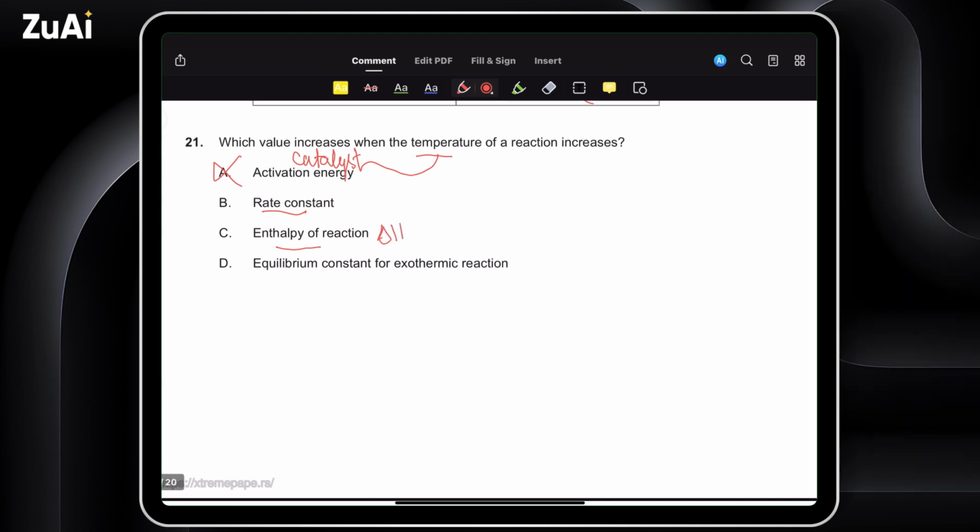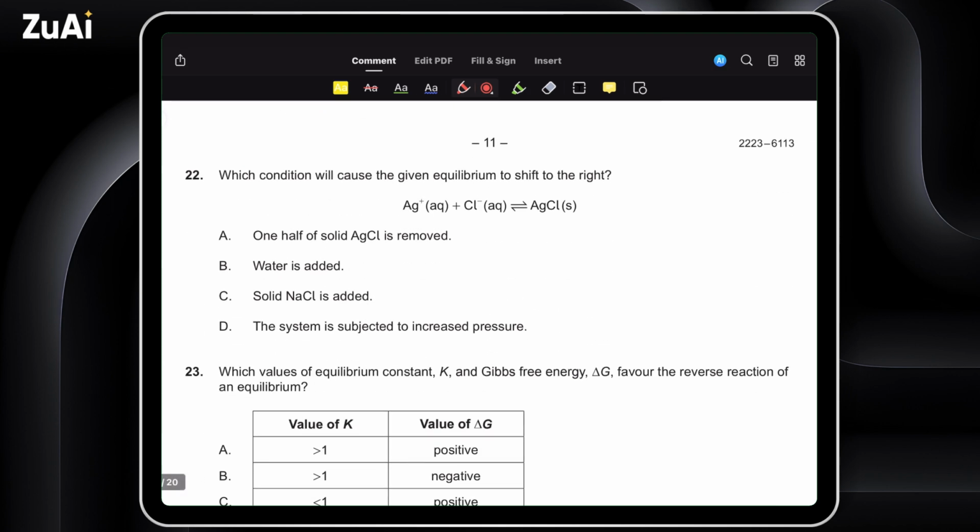Enthalpy is delta H. So delta H is change in energy. So energy change is not linked with the temperature, and equilibrium constant also does not have a link with the temperature. So rate constant is the thing which actually has an effect with the temperature, by changing temperature.